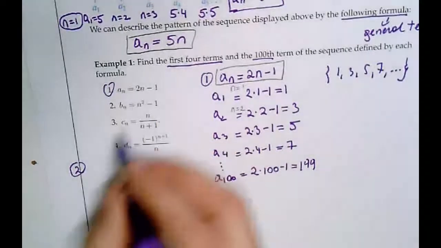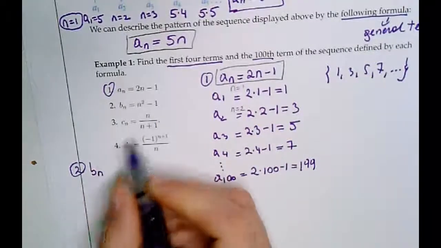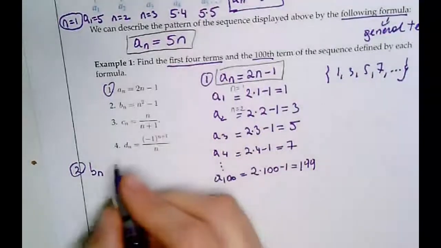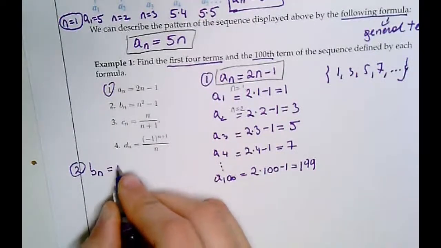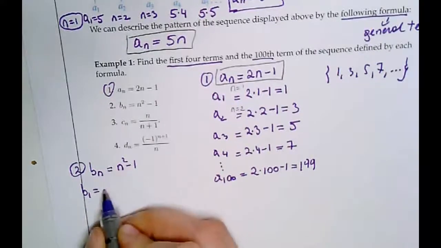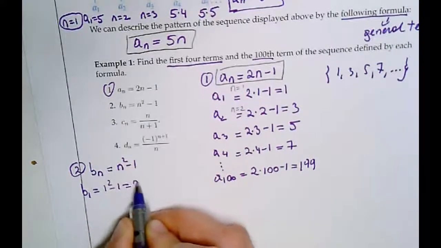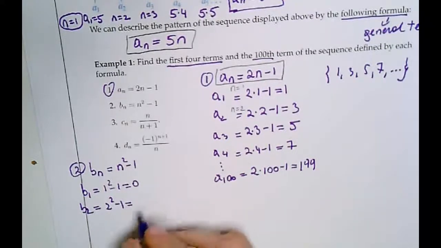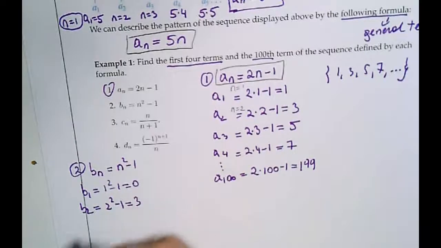For number 2, I can call the sequence an, bn, cn, fn, gn, whatever you want to call it. bn equals n squared minus 1. So what's B1 going to be? B1 is 1 squared minus 1, which is 0. B2 is 2 squared minus 1, which is 4 minus 1, 3.